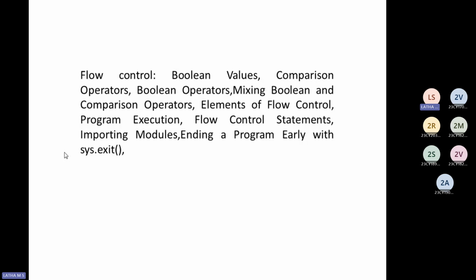In any of the content of flow control, pick one of your choice and write one paragraph, or two or three lines. You can write the elements of flow control, the Boolean operators, mixing operators. I just want to know how much you have learned, right? Got my question?